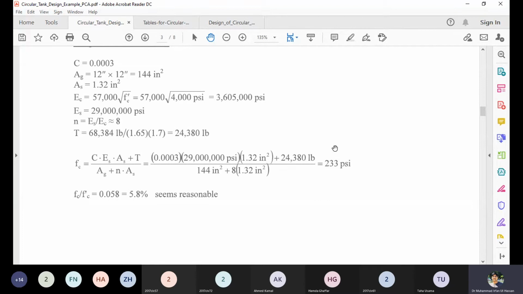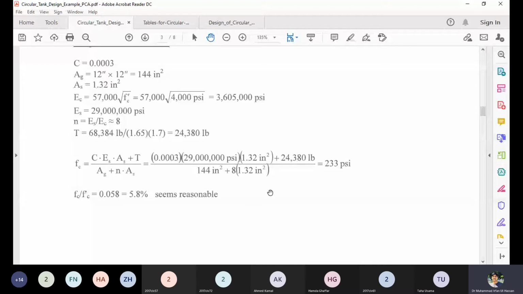The actual computed value is lesser than that, so it is fine. It can be up to 10% of fc', but it is now 5.8%, so we are safe with this thickness. The tank thickness assumed is satisfied, and there is no need to change the thickness.